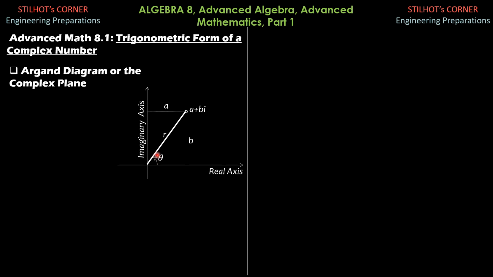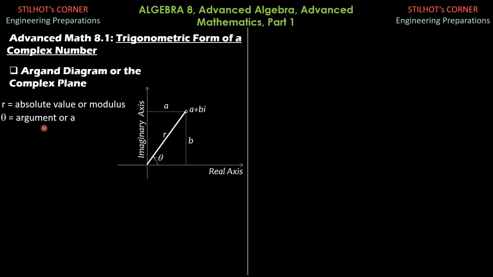Same is true with the standard form in trigonometry, which is counterclockwise positive. And we call theta the argument or amplitude. So r is the absolute value or modulus, and it is from this right triangle square root of a squared plus b squared by the Pythagorean theorem.